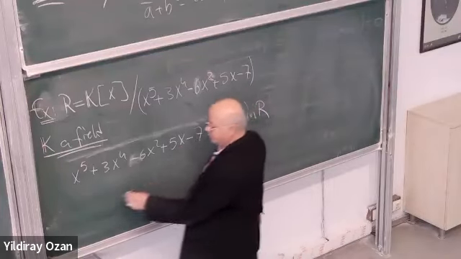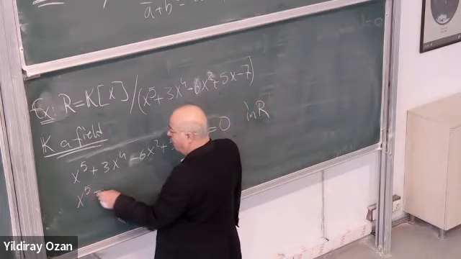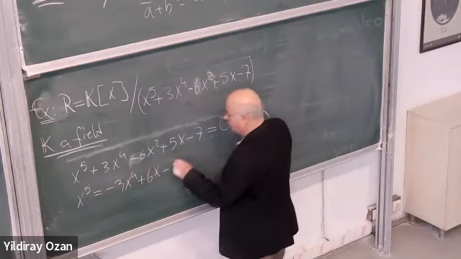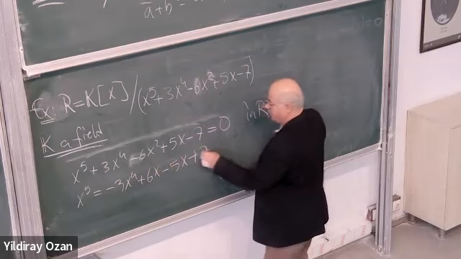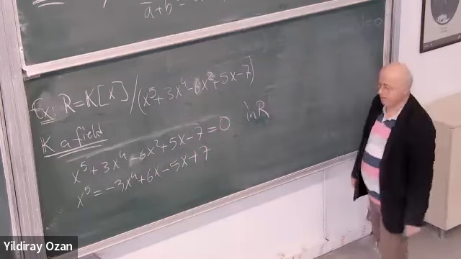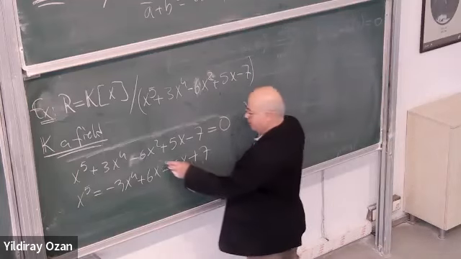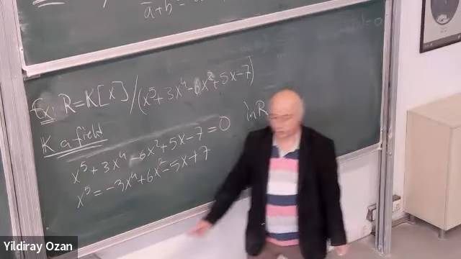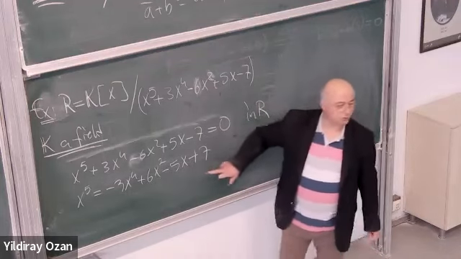Well, this means that x to the power 5 is equal to this gadget. So in this ring, x to the power 5 is equal to this.